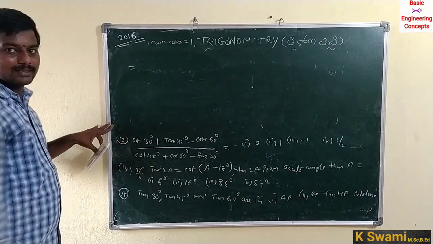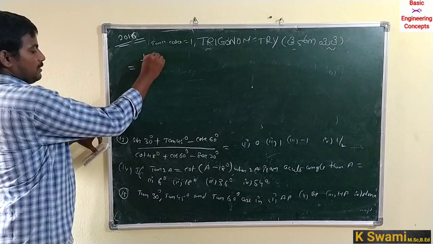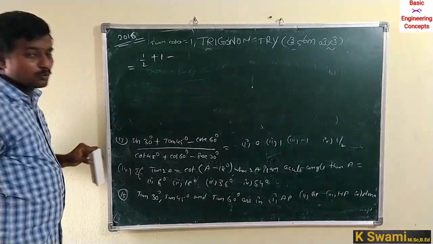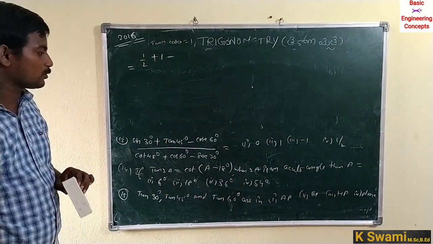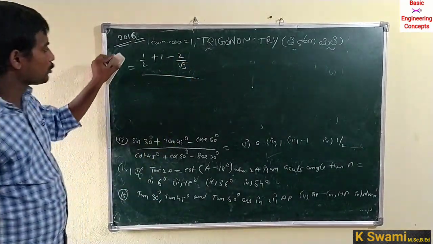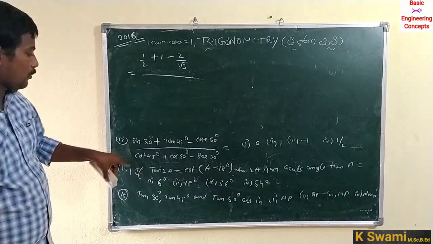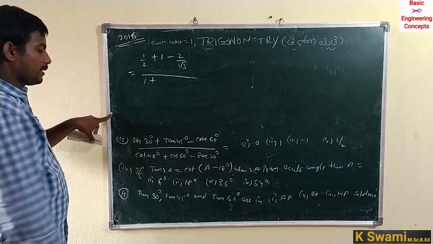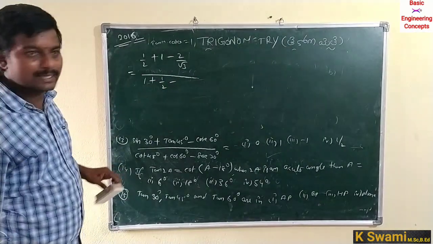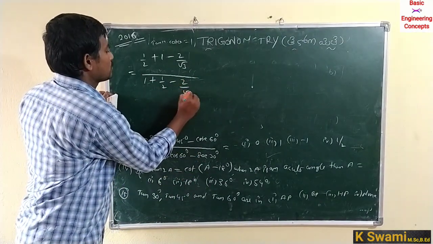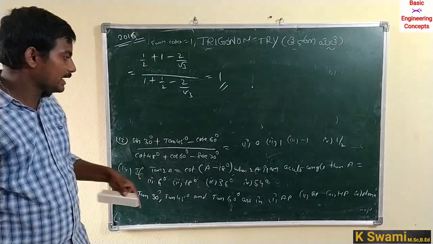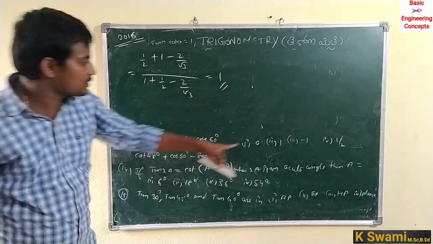Now sin 30 degrees is equal to 1 by 2, tan 45 degrees is equal to 1, cosecant 60 degrees is equal to 2 by root 3. Cot 45 degrees is equal to 1, cos 60 degrees is equal to 1 by 2, secant 30 degrees is equal to 2 by root 3. Because numerator and denominator are equal, the correct option is 2.